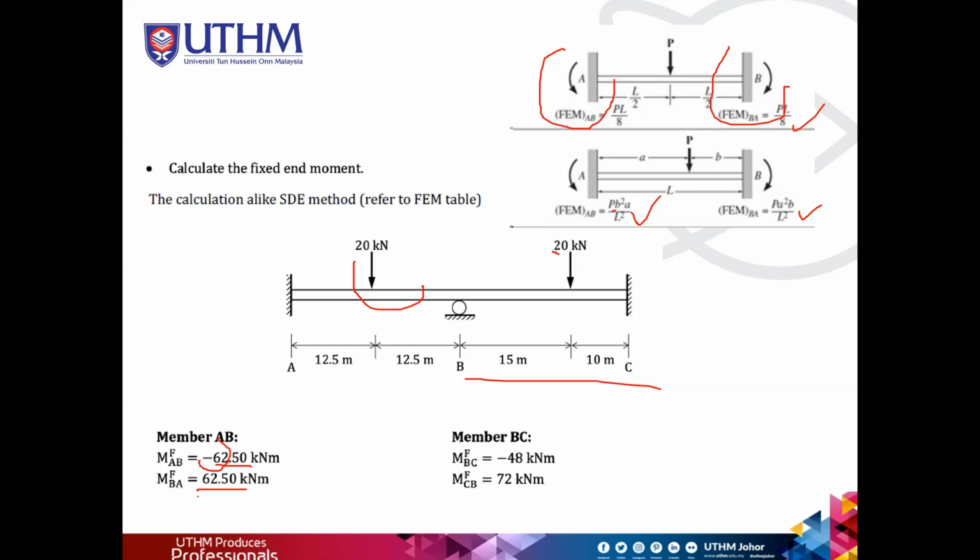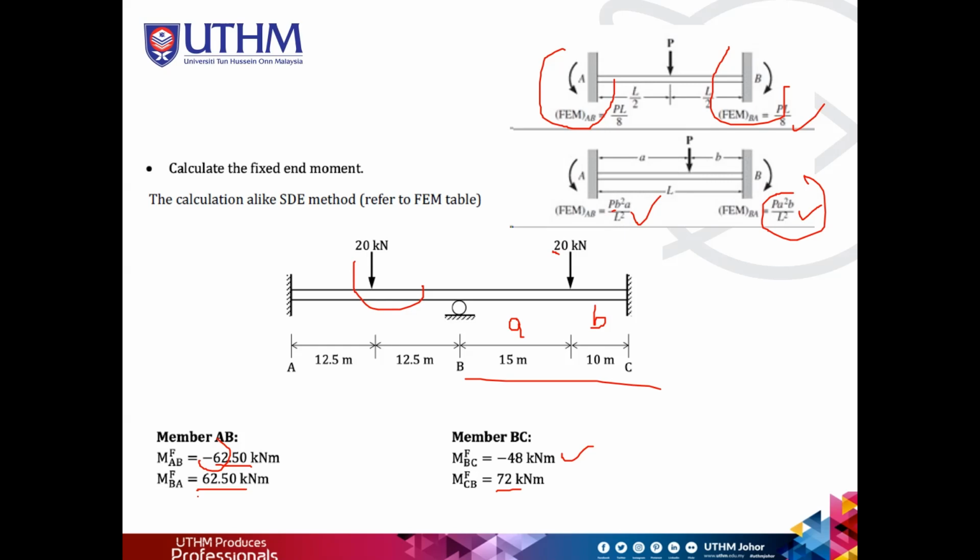B is the value of this, so B is 10 squared, and then multiply with A, which is 15, and divide by the length squared. The length refers to member BC, which is 25. So you will have negative 48, and another one is 72. So for this one we use this formula.